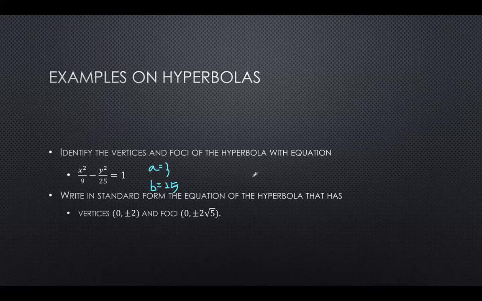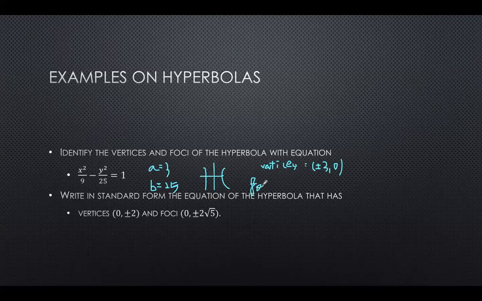So the vertices and foci are on the x-axis. This is the case where the graph looks something like this. So the vertices are plus and minus 3, 0.